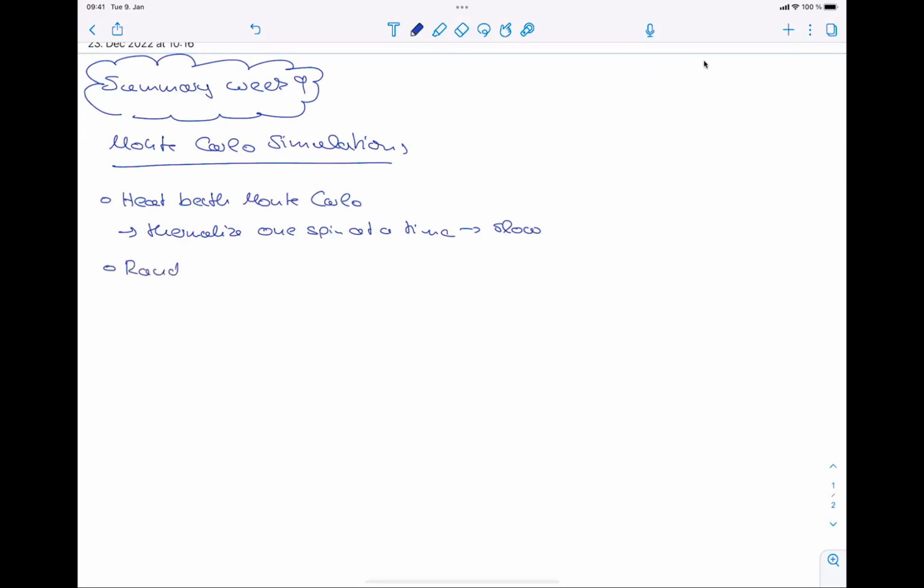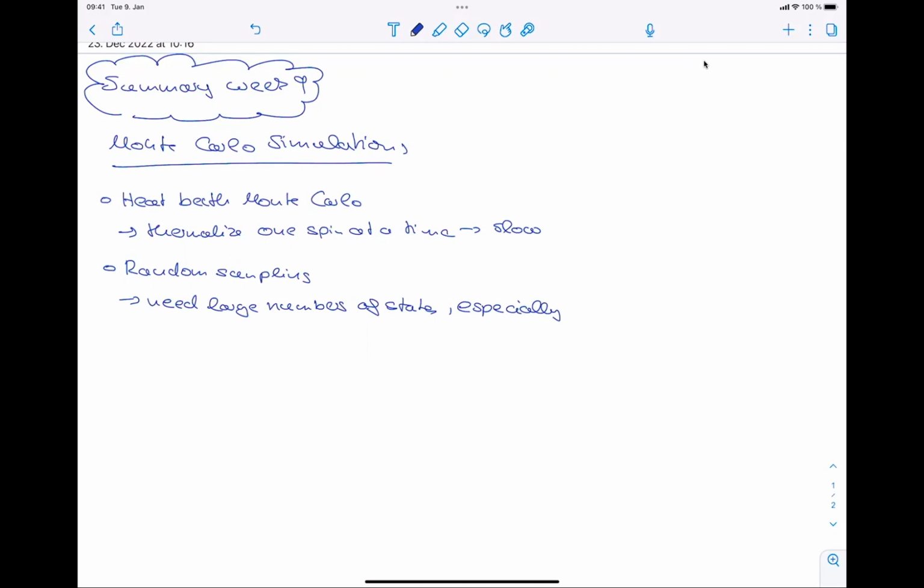Next step was to look at random sampling the state space, where we realized that we need really large numbers of states. This is especially true if we have observables being particularly peaked in their values.